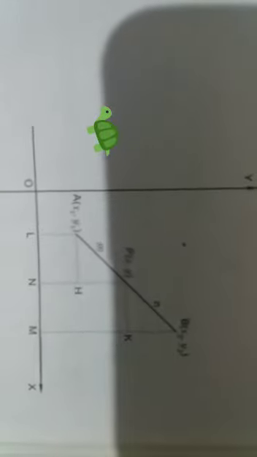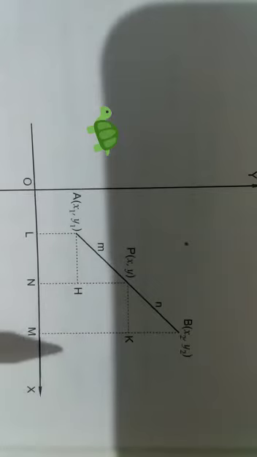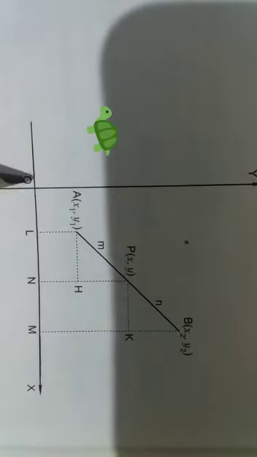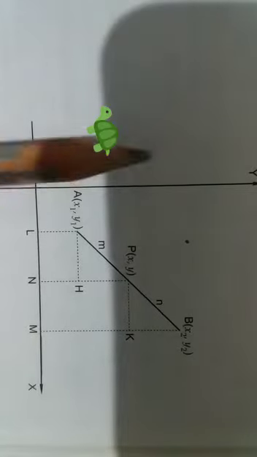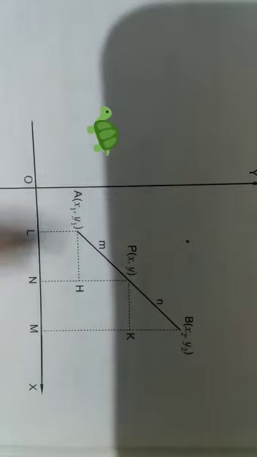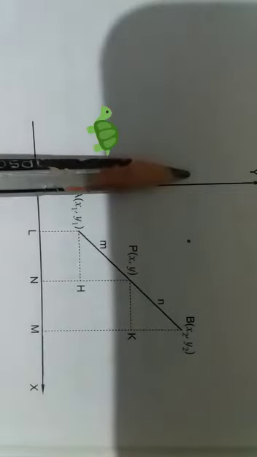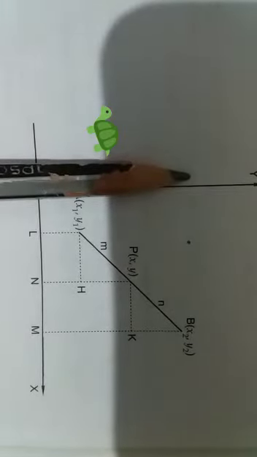For this, just see this figure and these coordinates. Here we have given all the coordinates. First of all, let O be the origin and let OX and OY be the x-axis and y-axis respectively.